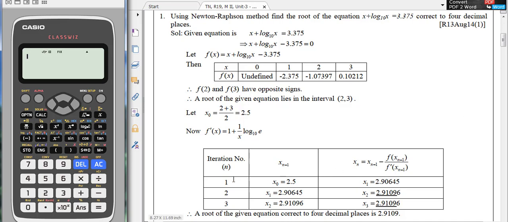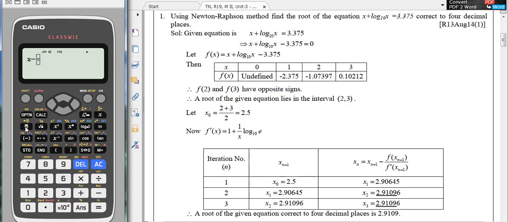So for the first iteration n value is 1, x(n-1) will be x0 which is 2.5, and xn will be x1 which is to be obtained using this formula. So go for using the calculator. Here the expression to be used is x minus f of x by f dash of x, as the suffix of x cannot be entered in the calculator. So taking the help of the calculator, you can have only x involved, x minus f of x.